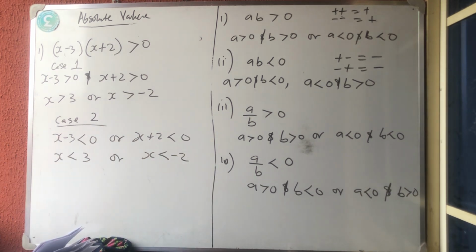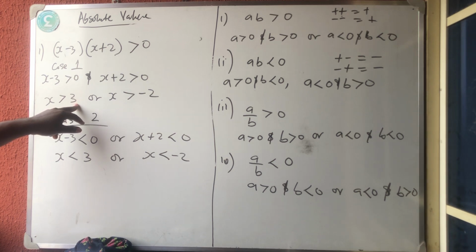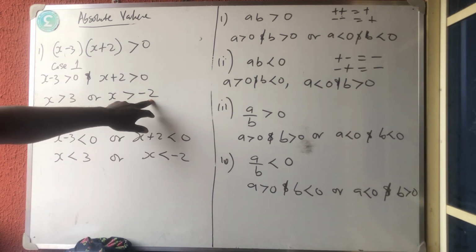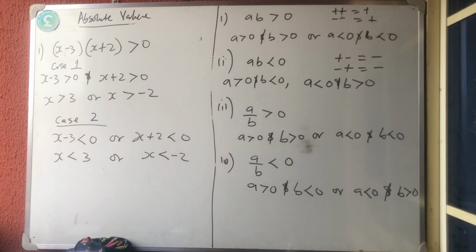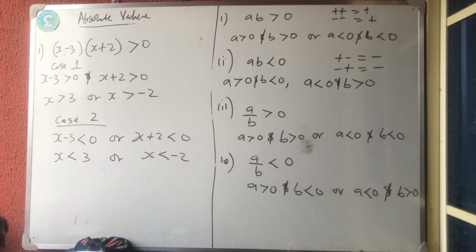Okay, but let us check the one that is true. If I say that x is greater than 3 and the same x is greater than minus 2, is that a good statement? Yes. Anything that is greater than 3 is equally greater than minus 2.